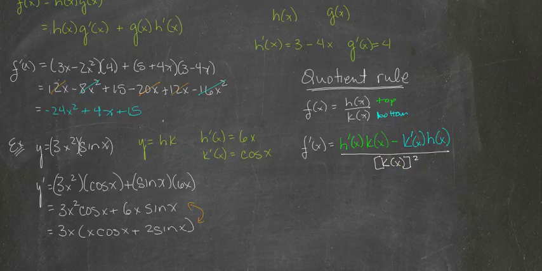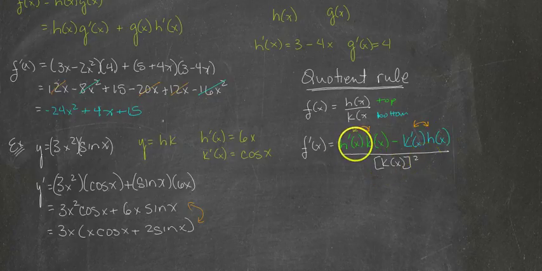Now that I've written it out, I can tell you the little memory tool, which would not work for me. Obviously I can't switch these because it's a minus sign and subtraction is not commutative. But it writes these two in the opposite order and these two in the opposite order. So k is the bottom. It's the bottom d top minus the top d bottom over the bottom squared.